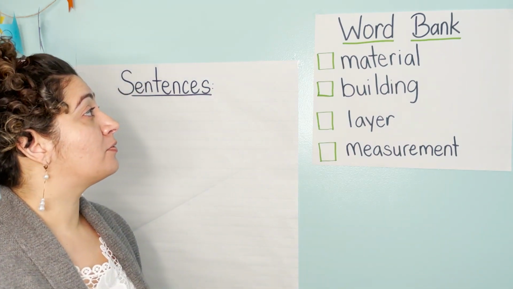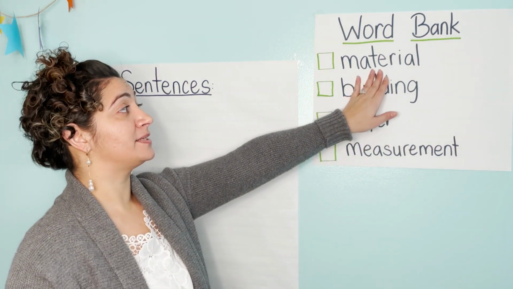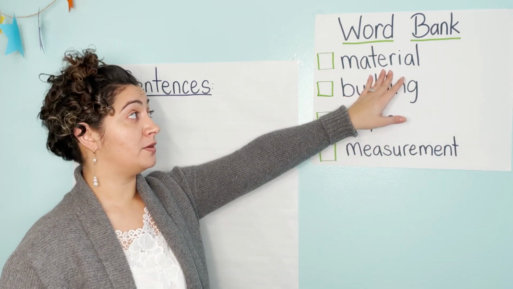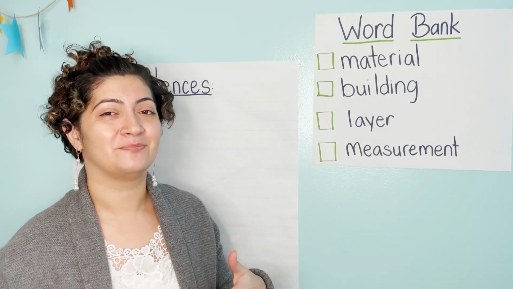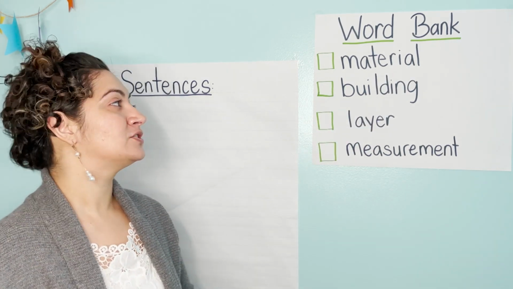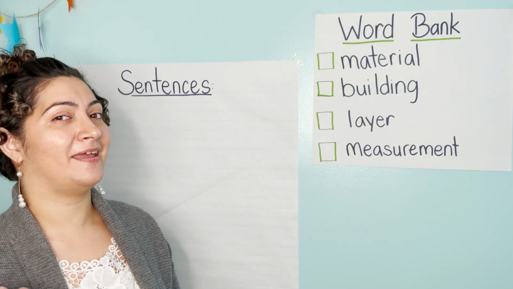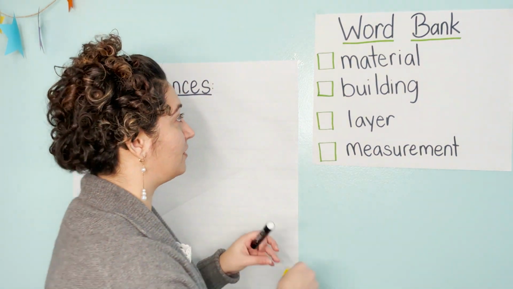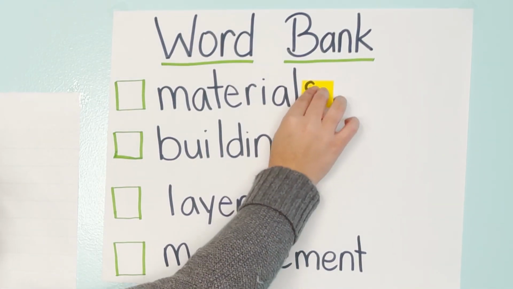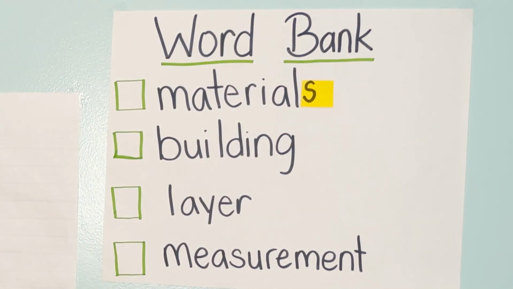Okay, so if we were to say we're going to write a sentence about material, well, we want to talk about more than one material. We want to talk about materials, right? So we are going to add that S at the end. Nice work. So if I add an S at the end of material, I now have materials. So now we can make a sentence about materials.